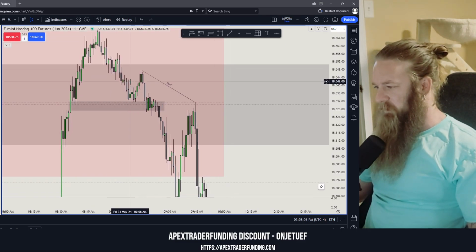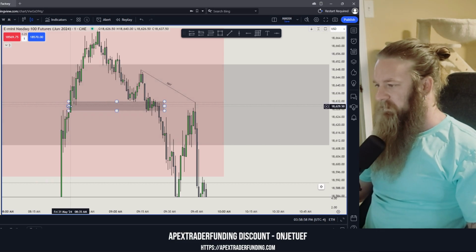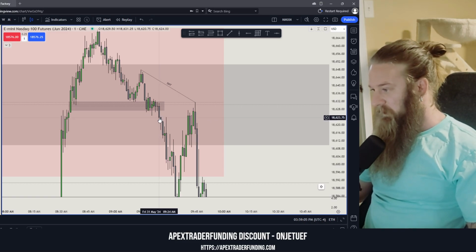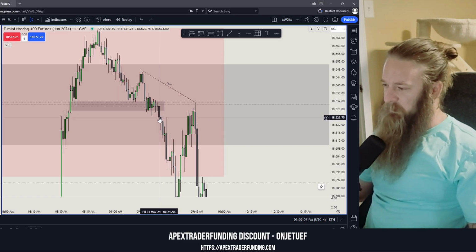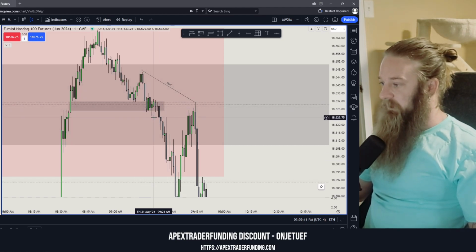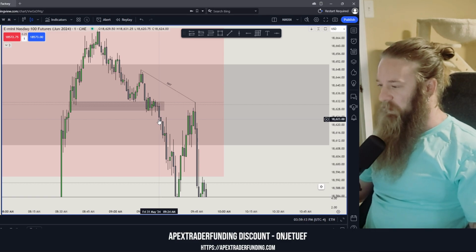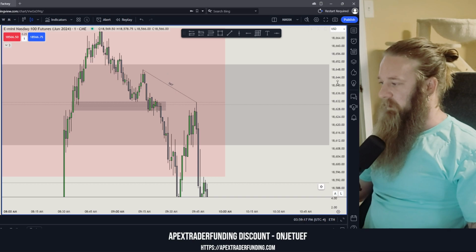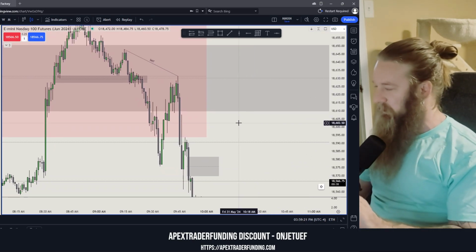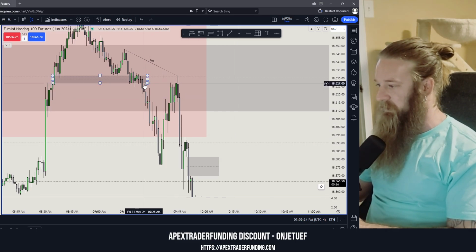So what I was waiting for then was for this, pretty much the only fair value gap on the way up here, to be violated, closed over, and then that would be kind of a confirmation that we're going to continue to go down. And it did do that just a few minutes before 9:30, and I'm not a fan of entering or dealing with the initial 9:30 opening range, and this is why.